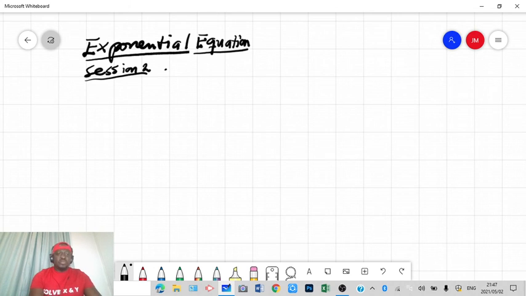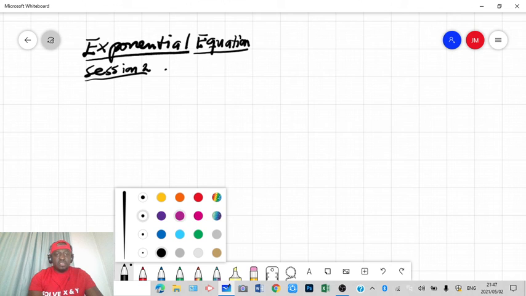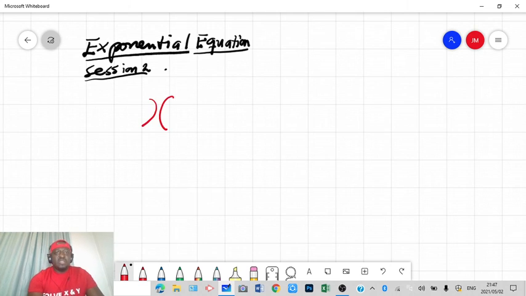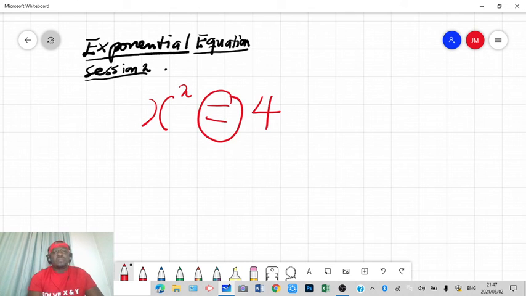So basically, when you're dealing with exponential equations, you have an exponent that is related to a number and with an equation sign. So in this case, it's an expression.